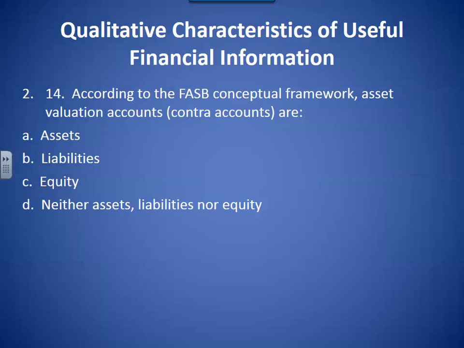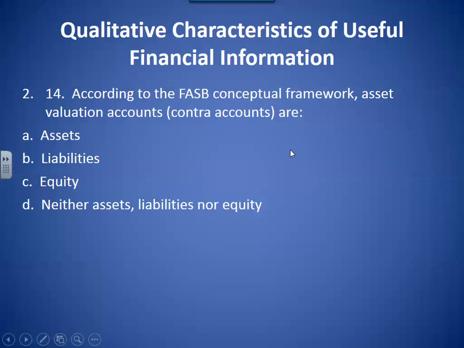Now, what we're going to learn here is number two is a training question because we didn't specifically address this question in the video lecture. So, according to the FASB conceptual framework, asset valuation accounts, in effect contra accounts, are considered, and again, pick what you feel is the best answer.